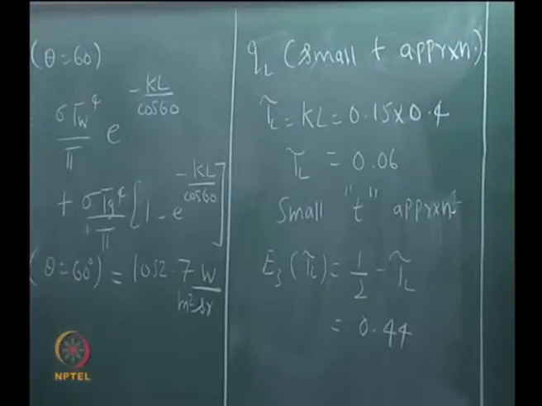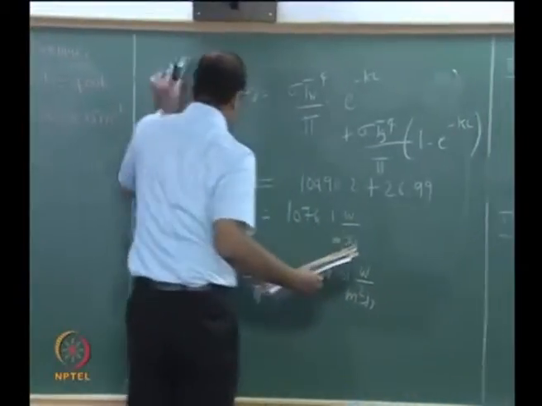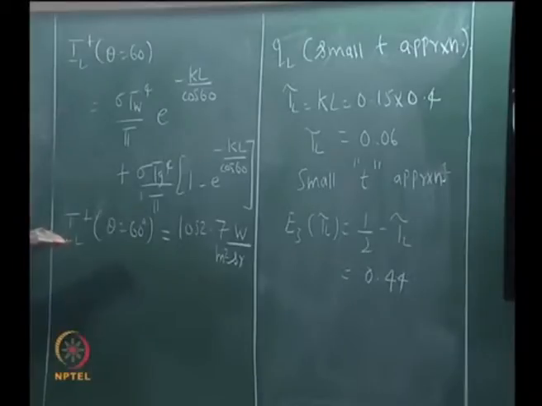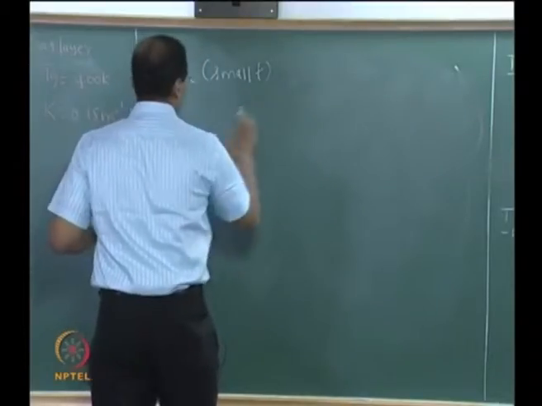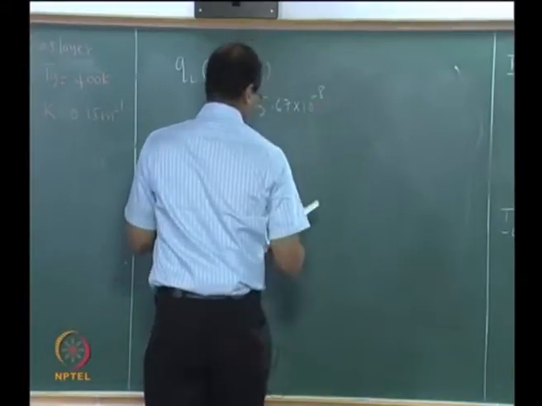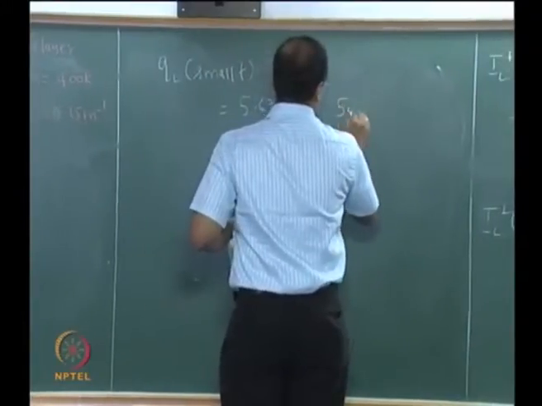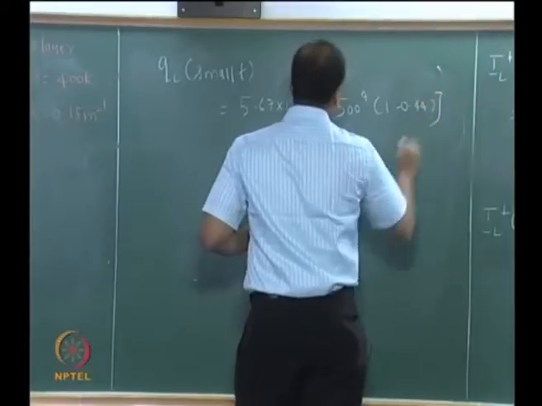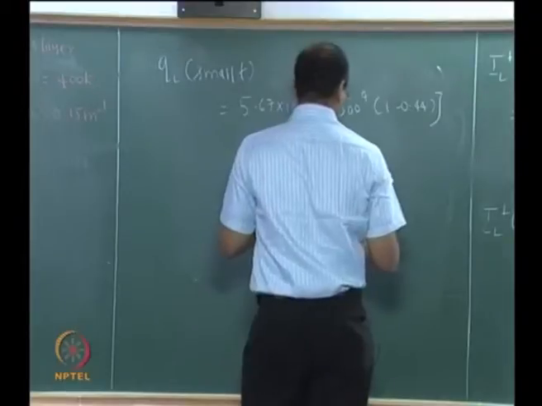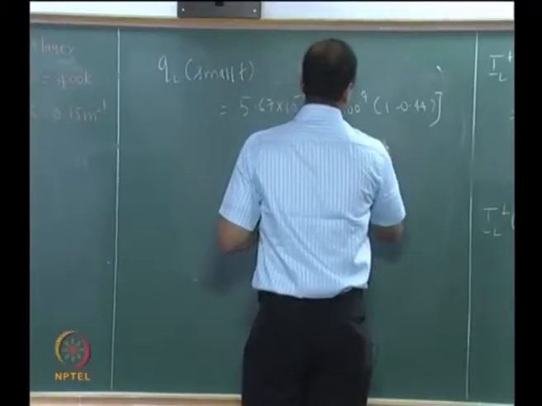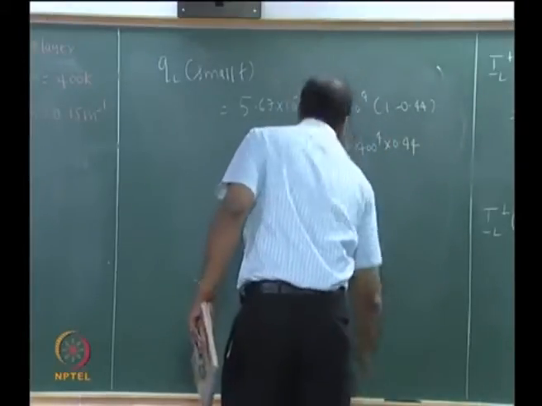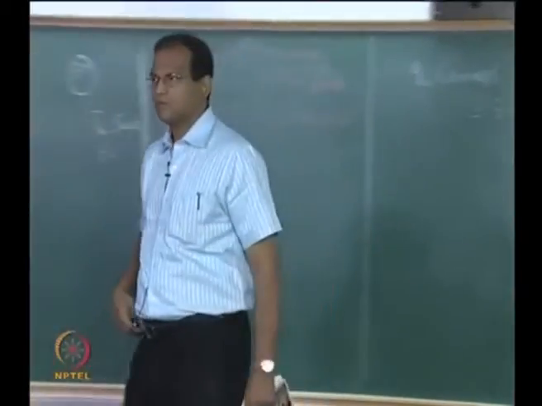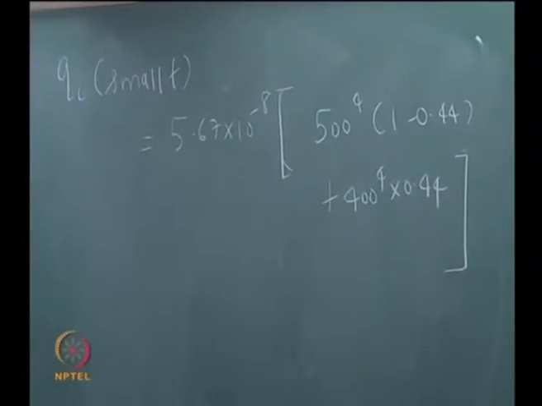Now if I do it here, plus 400. Is it correct? Yeah. So what do you get now? 2623.